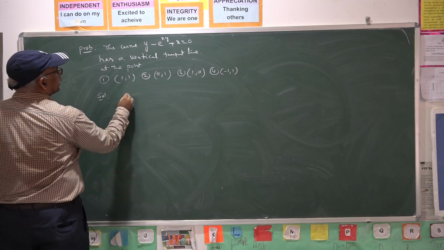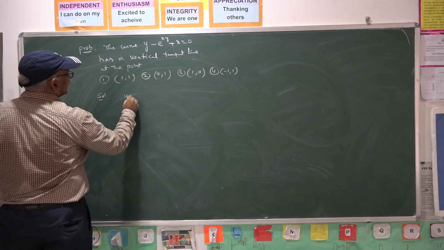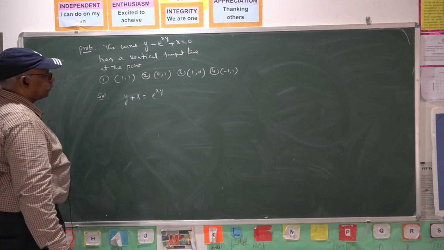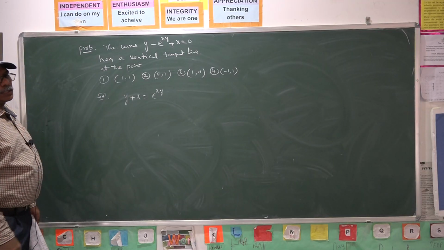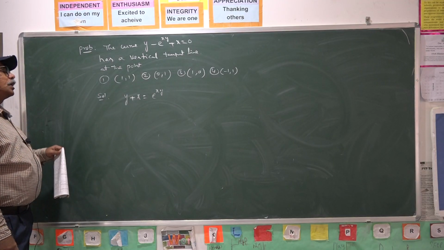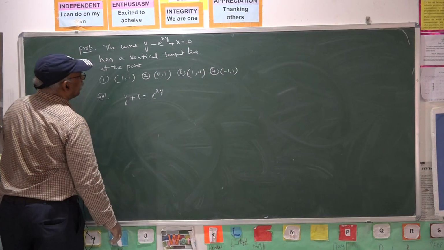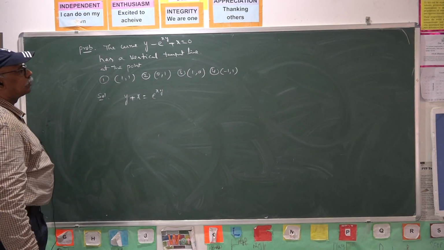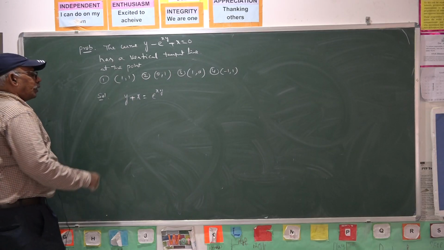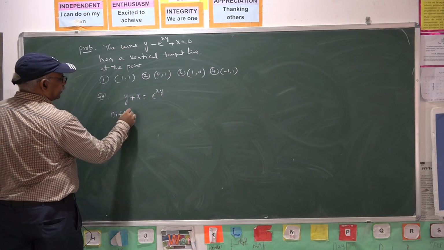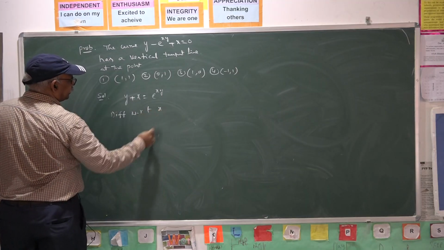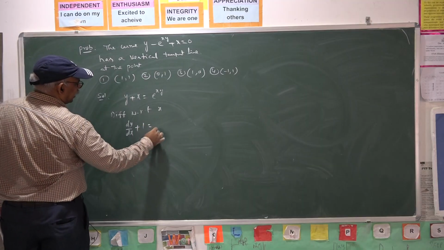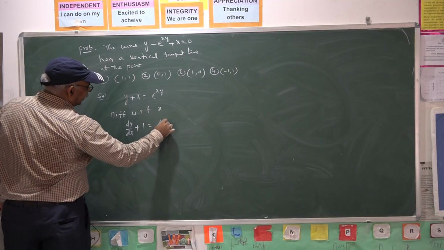So the curve is y plus x equal to e power xy. Differentiating with respect to x, dy by dx plus 1 equal to the derivative of e power xy.